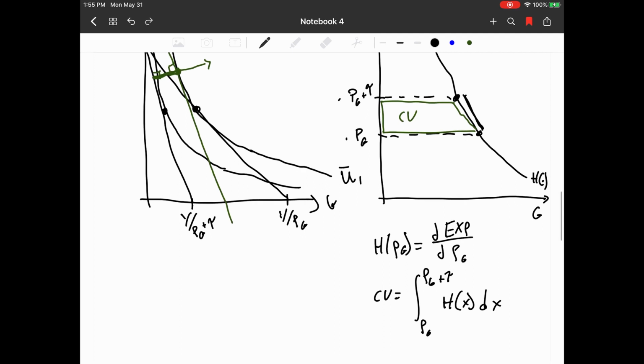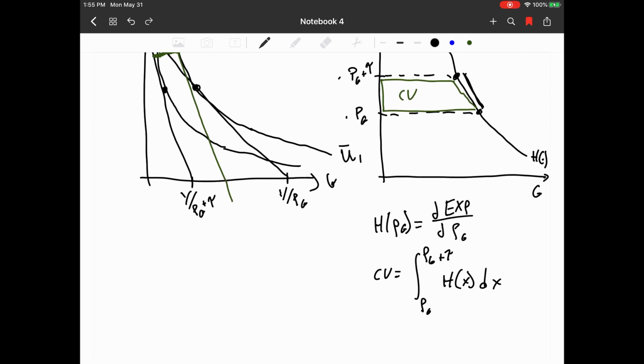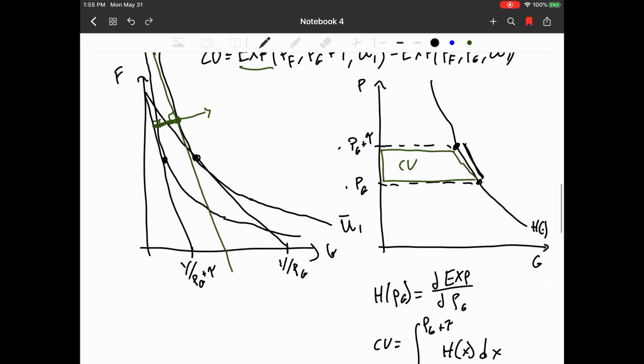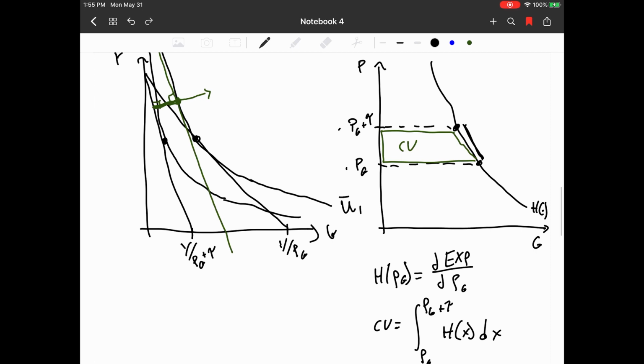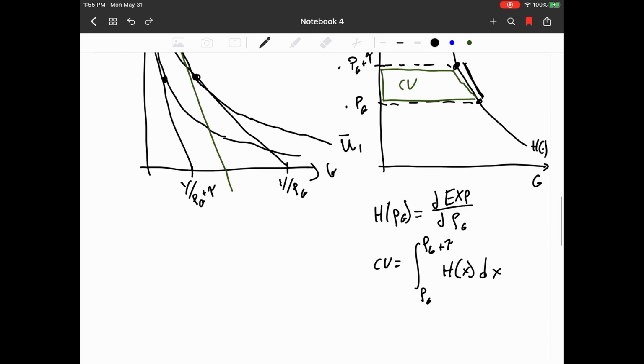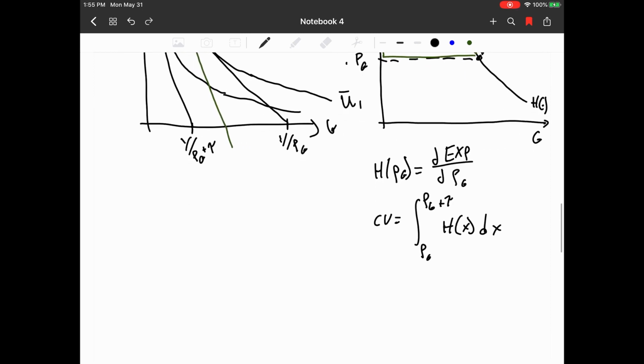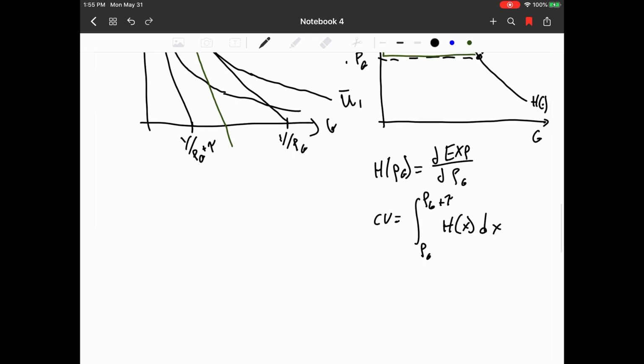Okay. You can think of this as integrating under the curve, if you'd like. You can flip the axes, and this just becomes finding the area under the curve. But we're just doing it to the left of the curve. Okay.